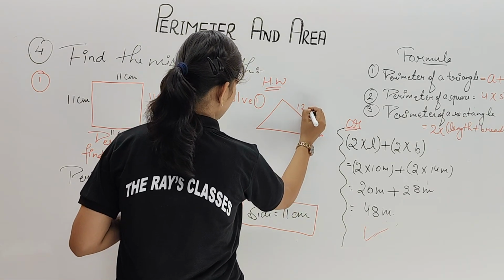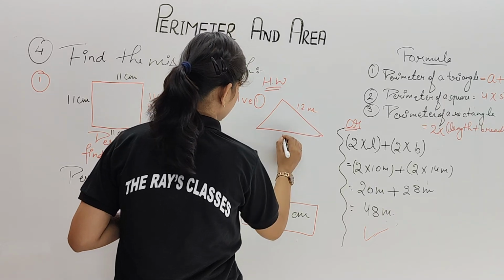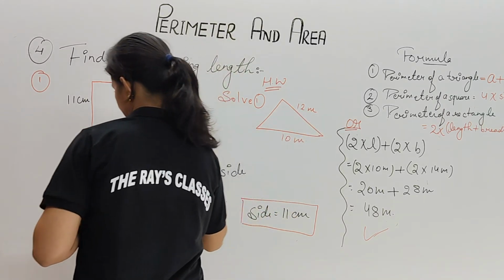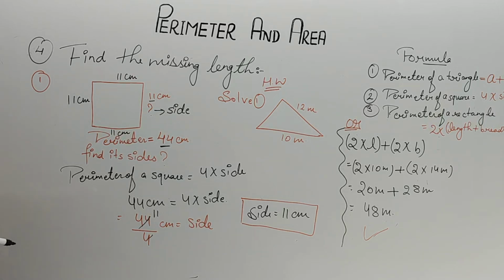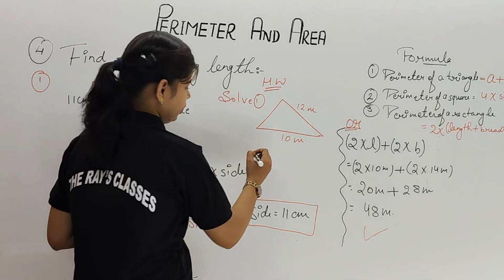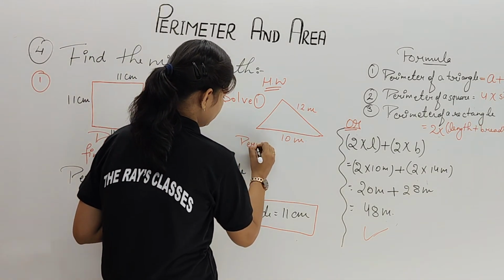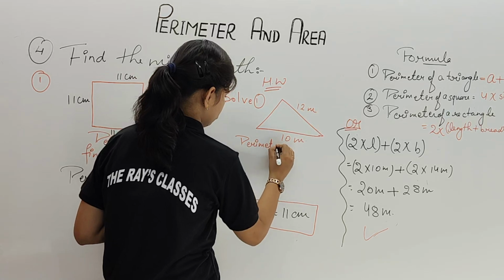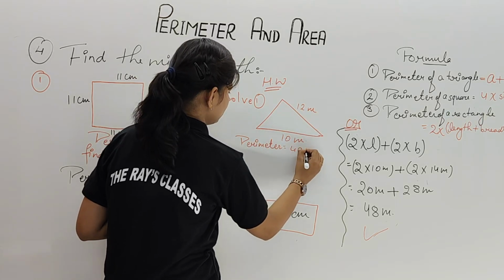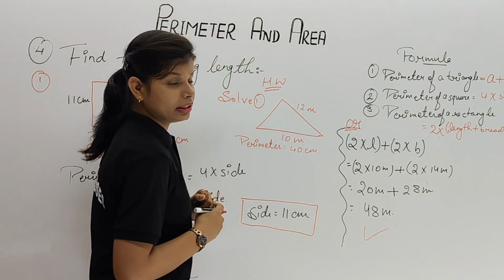Here it is given 12 meter. Here it is given 10 meter. Now please guess what is the perimeter of that figure, so that you can find the area. And here given perimeter equal to 40 centimeter.